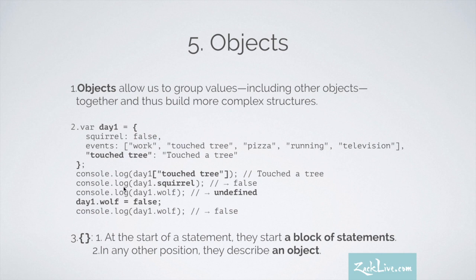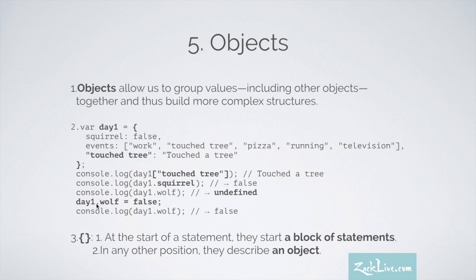And for the rest of the properties, you can just use the dot operator to get the value of that property. If you access a property that doesn't exist in an object, you will get undefined as a result, such as in the third console log. We try to access the wolf property of day1, but we don't have a wolf property.